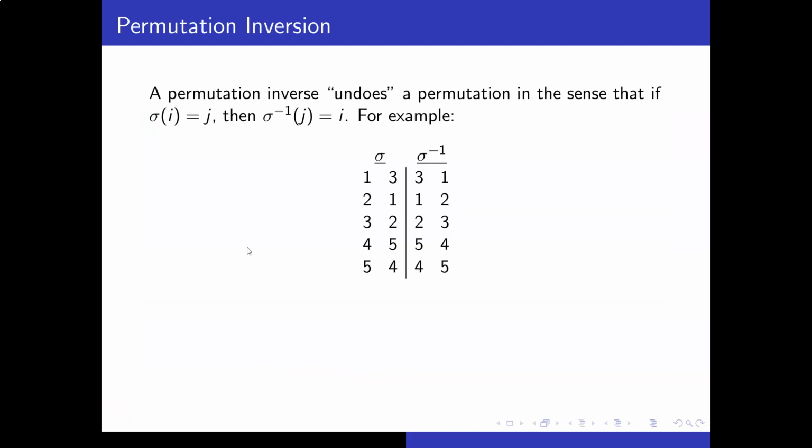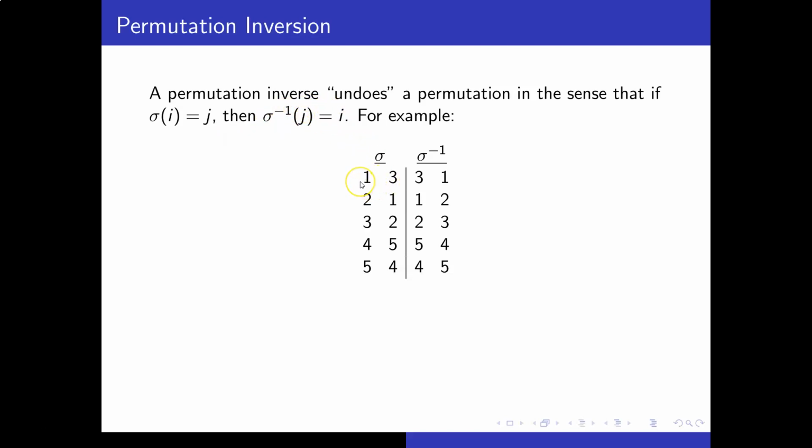So what is an inverse permutation then? Given a permutation, its inverse undoes what the permutation does, like all inverses in this class. That means if sigma maps i to j, then sigma inverse has to map j back to i.